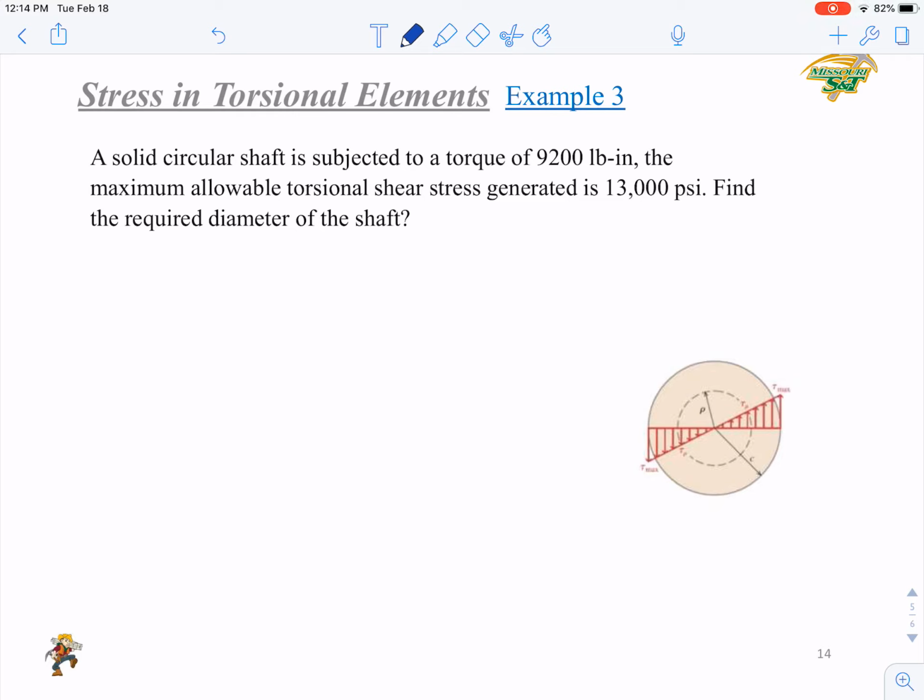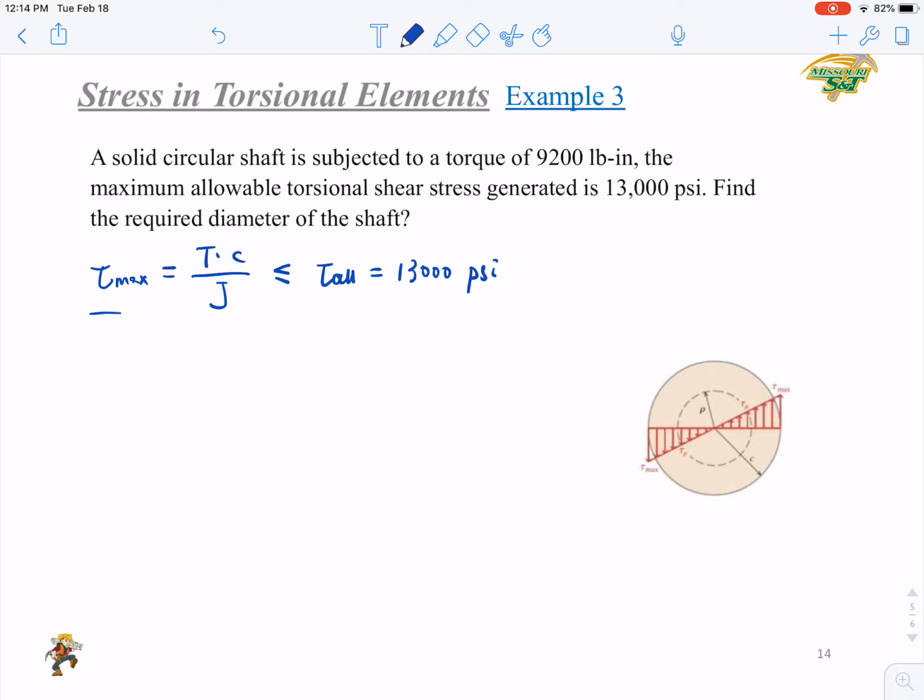This problem can be summarized as this: our tau max equals torque times C over J, and this should not be higher than the allowable shear stress, and that is 13,000 psi.